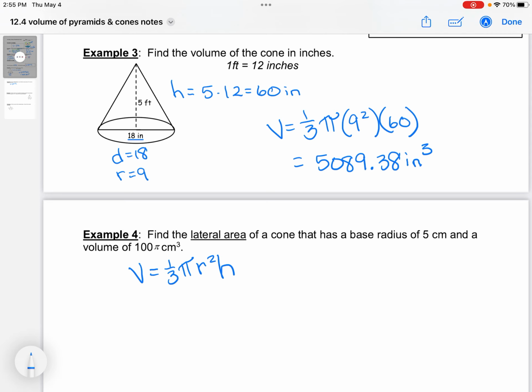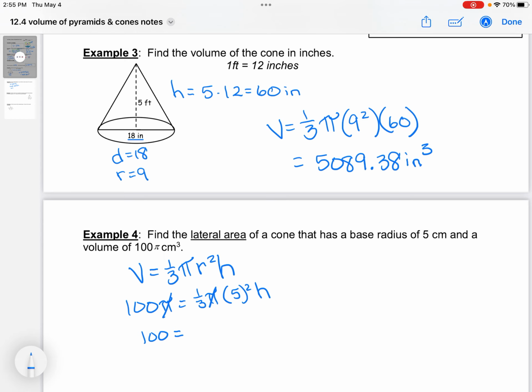So we know r is 5. Okay, I'm a little bit confused, but I also forgot my lateral area formula. All right, so we have 100 pi equals 1/3 pi 5 squared h.